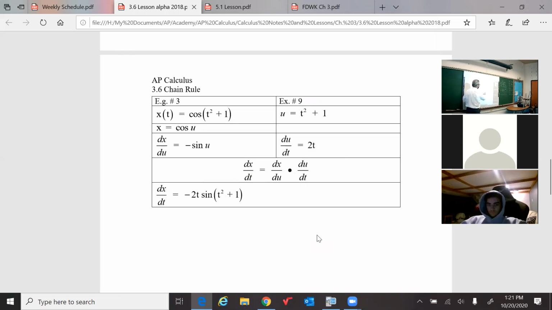I'm just going to differentiate vertically. u is t squared plus 1. du with respect to t is 2t. The derivative of the cosine is negative sine. So that dx/dt, the velocity which is traveling horizontally, would be negative 2t sine u. u is that.